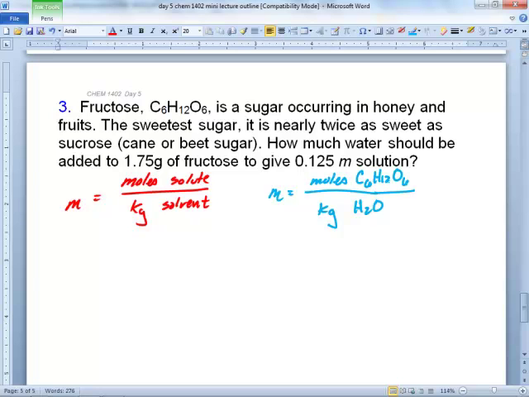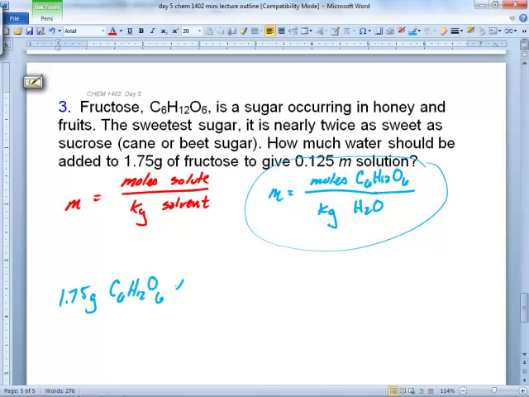So in that equation, we have to know two of these. Convert the grams to moles. How many grams do we have? We have 1.75 grams of C6H12O6. I need the molar mass of fructose. What is it? 180? I see a bunch of 180s.